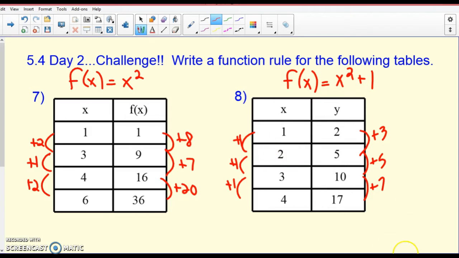Does that work for every one of these numbers? 1 squared is 1, plus 1 is 2. 2 squared is 4, plus 1 is 5. Yes. 3 squared is 9, plus 1 is 10. 4 squared is 16, plus 1 is 17. Yes, it does work.